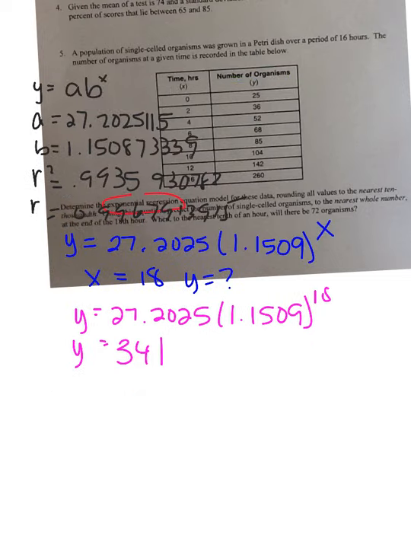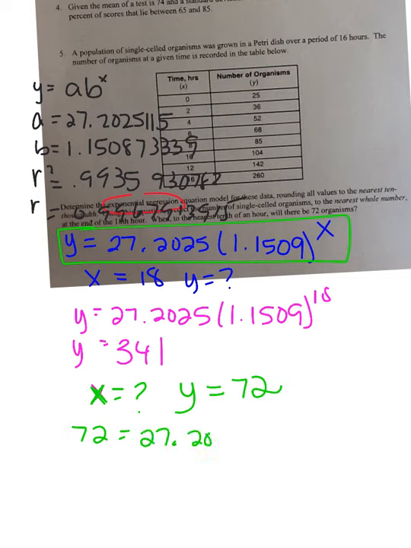Okay, so the next part says, when to the nearest tenth of an hour will there be 72 organisms? Now I'm solving for x, because that's my time. What does x equal when my number of organisms, which is y, is 72? So I'm using this equation: 72 equals 27.2025 times 1.1509 to the x power.